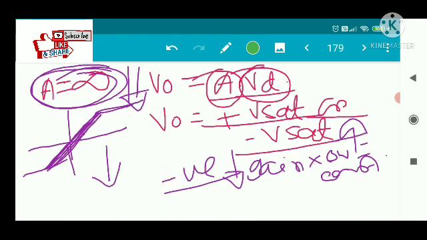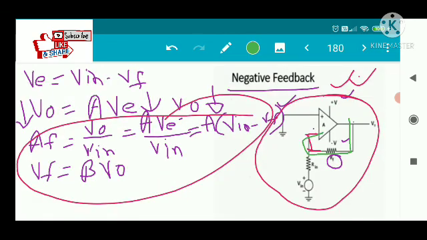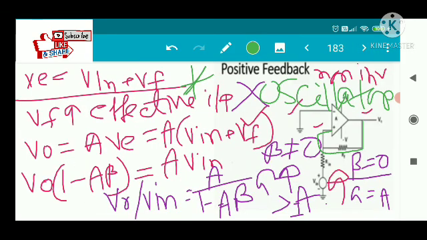And this is the linear region, this is most important, and this is the saturation region that we don't use as an amplifier. This is the use of an amplifier. And gain is actually infinite in the case of the ideal op amp. So if you want to reduce the gain to be used as an amplifier, that is the use of negative feedback. And then how we can implement the negative feedback in the context of the op amp, that we have discussed in the inverting amplifier and the non-inverting amplifier.